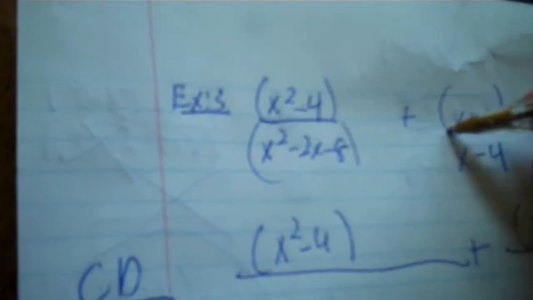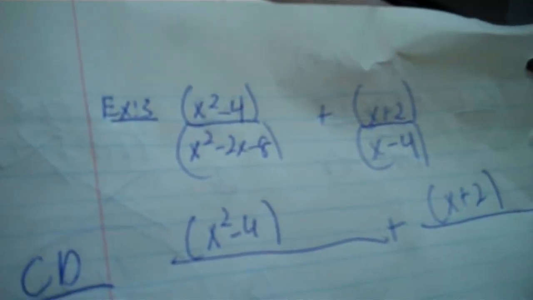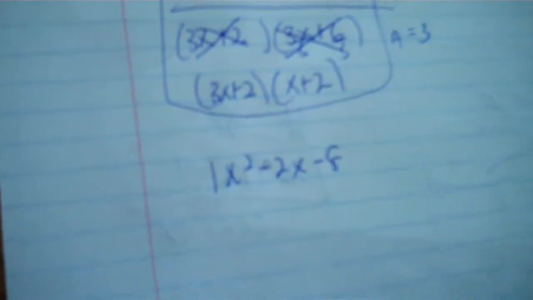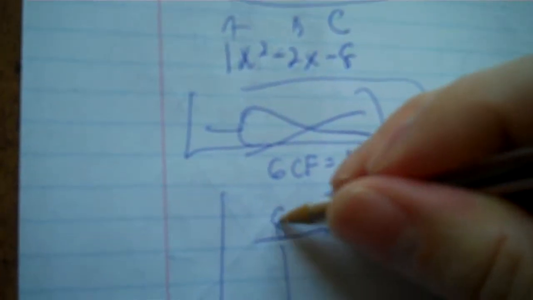The bottoms, you need parentheses, and you need to see if those expressions on the bottom can be factored. So x to the second minus 2x minus 8. Okay, so GCF table. GCF is 1. 8 times c, it's going to be negative 8.